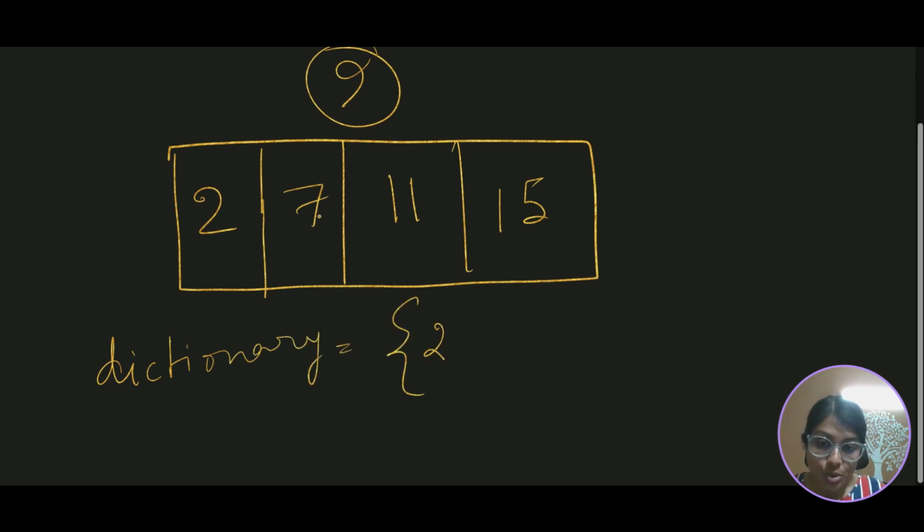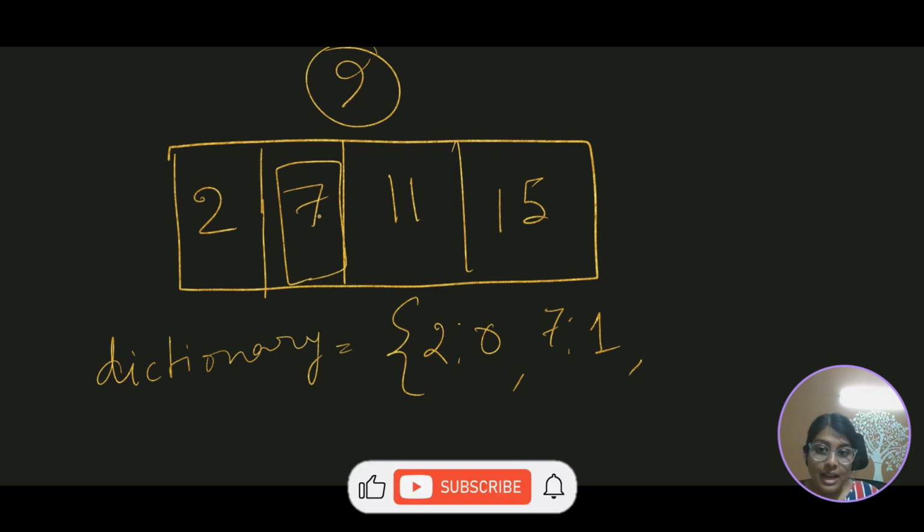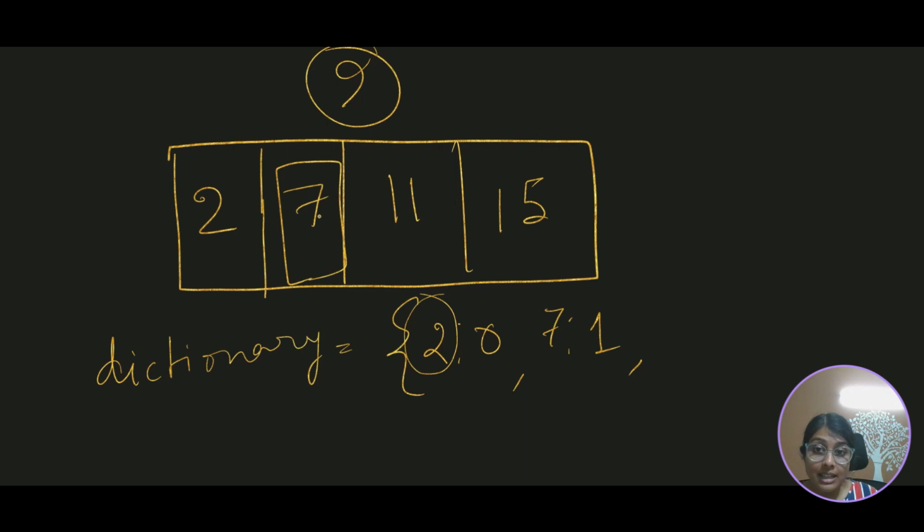I will save 2 and its index, similarly 7 and its index, and at each element, since I'm trying to do this in only one traversal of the loop, I will subtract the target minus the element in the array, and check if that particular element exists within the dictionary or not.